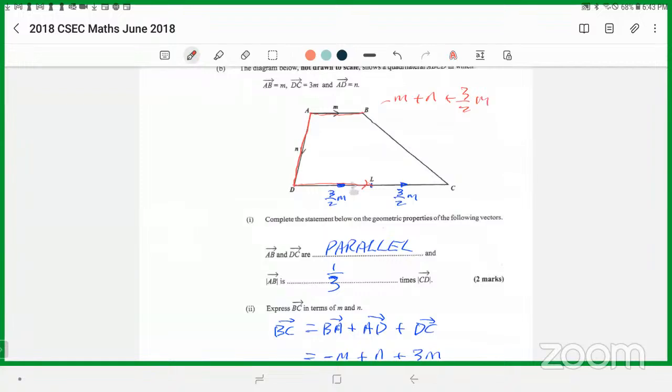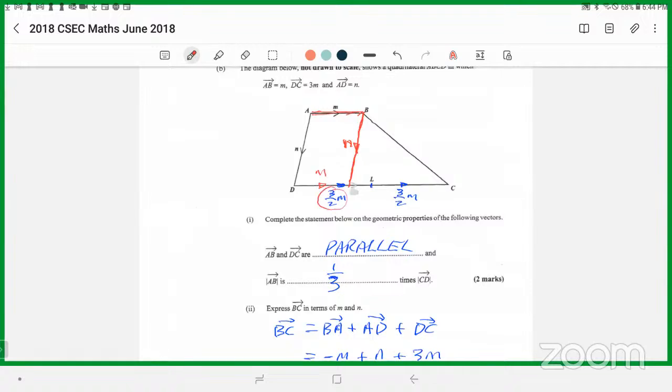That's it now. But let me show you another way, based on what we just did a while ago with the breakdown. Remember I showed you that you could have come down here at n. That's an n. So remember that this length and this length are the same, so right here is m.